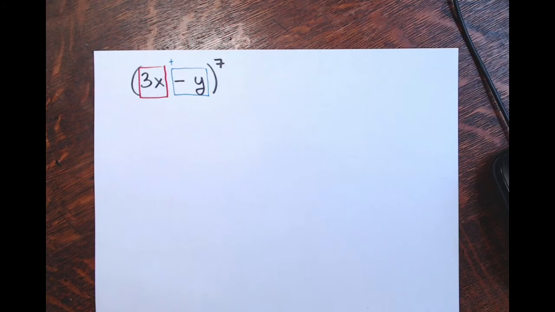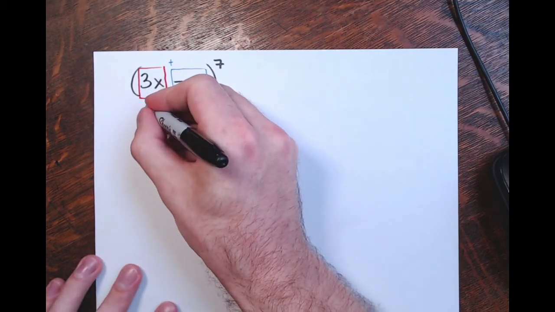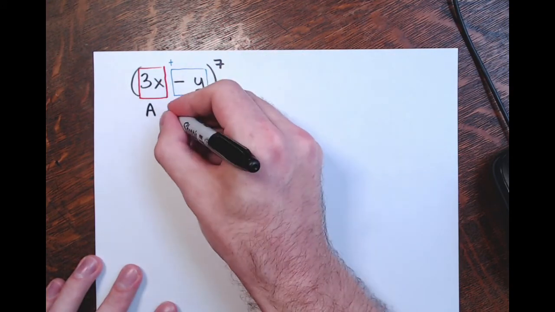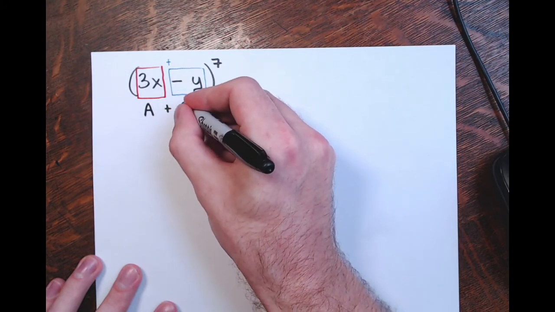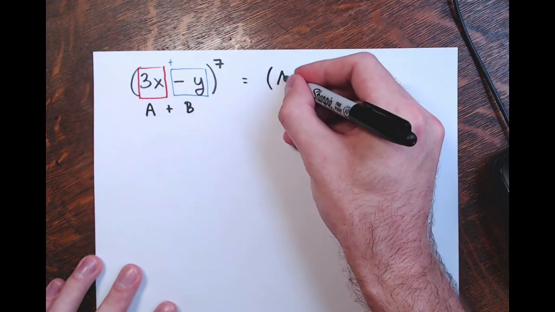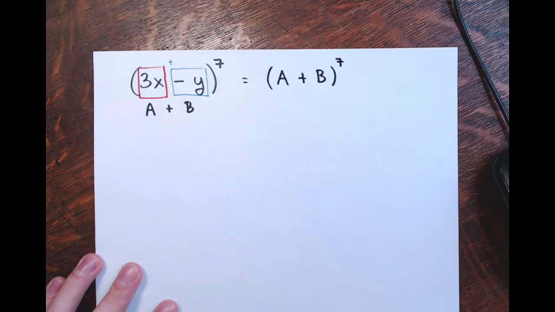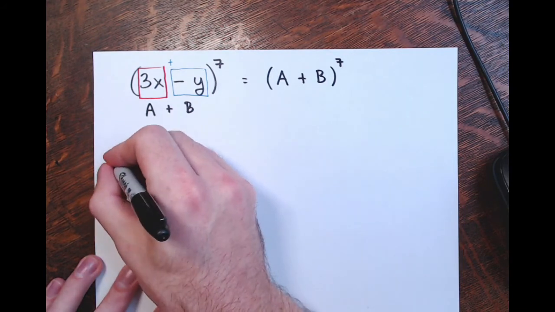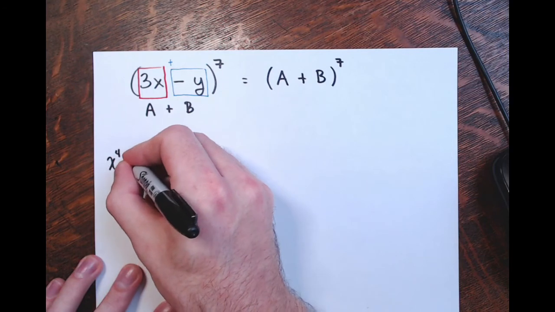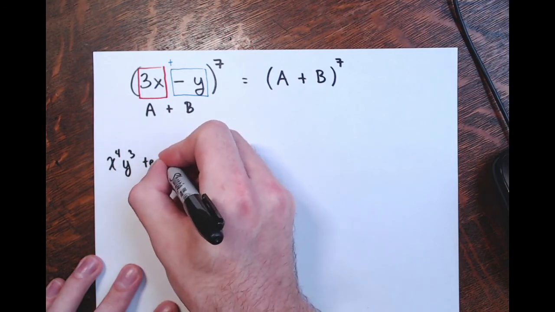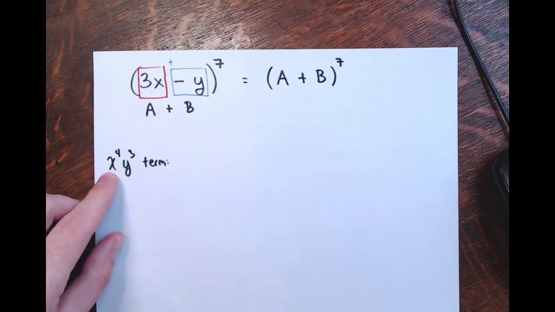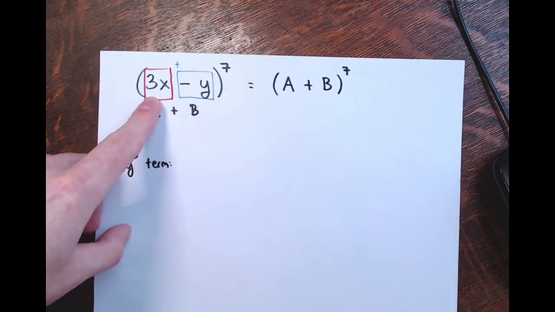Now, if you'd like, you could call the 3x a and call this negative y b, and then all of a sudden you have a plus b to the 7th and expand this. But then just replace the a and b with 3x and negative y when you're done. Now they asked us for the coefficient of the x to the 4th y to the 3rd term. So in order to get x to the 4th, I would need this first term to the 4th power, wouldn't I?